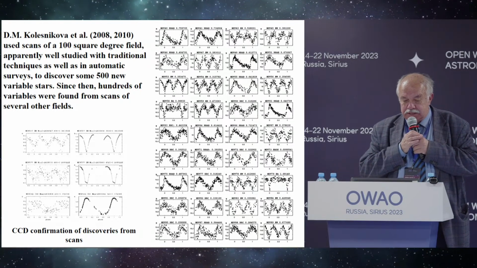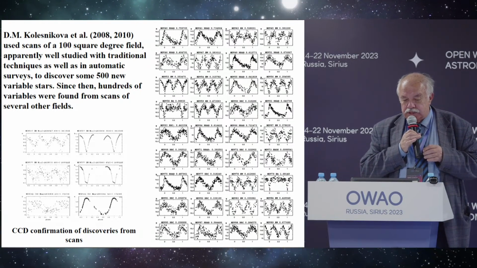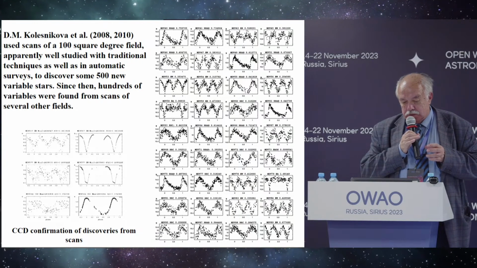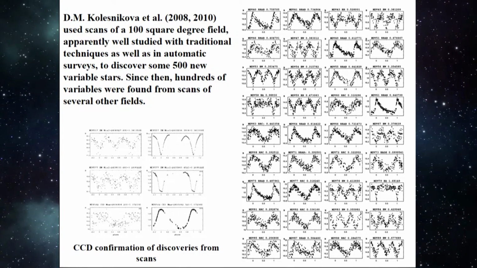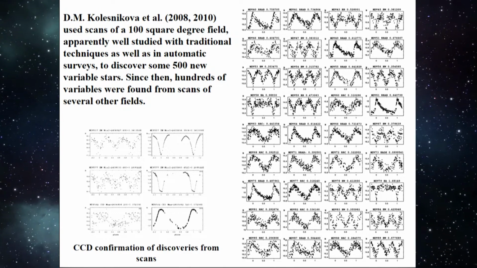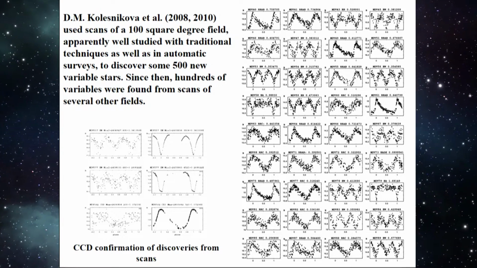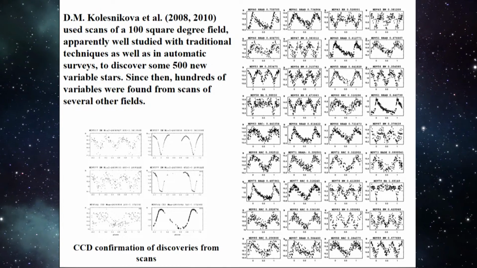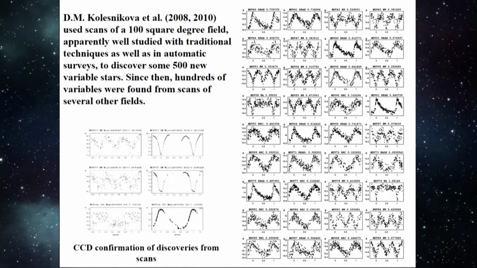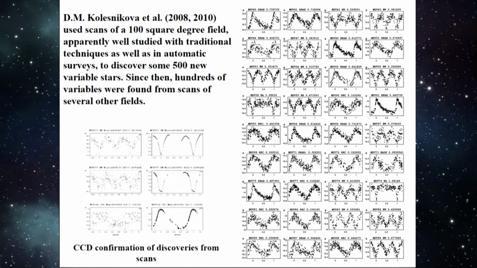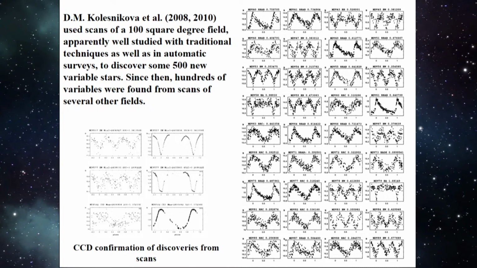Using plate scans, we discovered quite a lot of variable stars. Now, with all those spaceborne missions, the rate of our discoveries from photographic plates of the Moscow archive went seriously down. At first, we would discover hundreds of variables from one field.